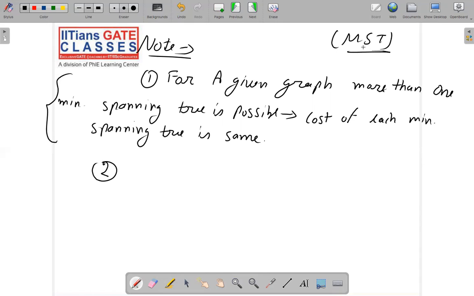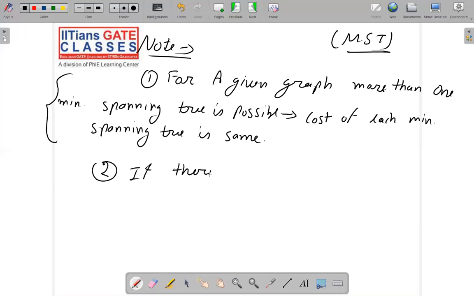If we have more than one MST, then in the given graph some edge weight must be repeated. There has to be some repetition in the edge weights. Then only multiple minimum spanning trees are possible.